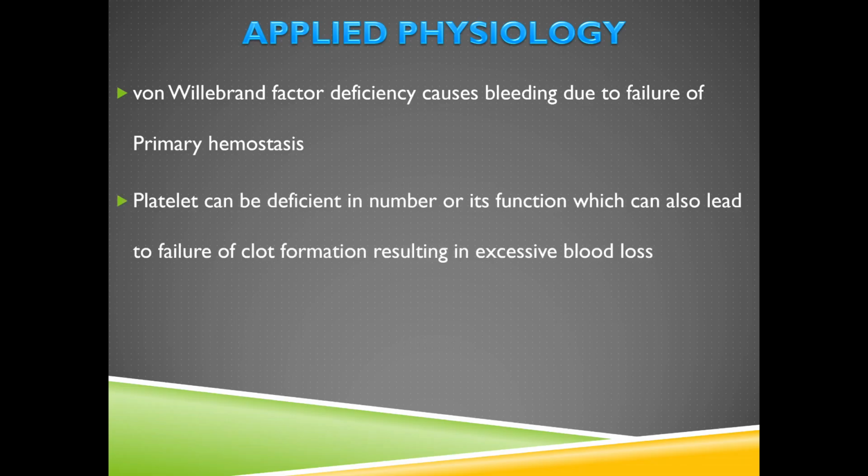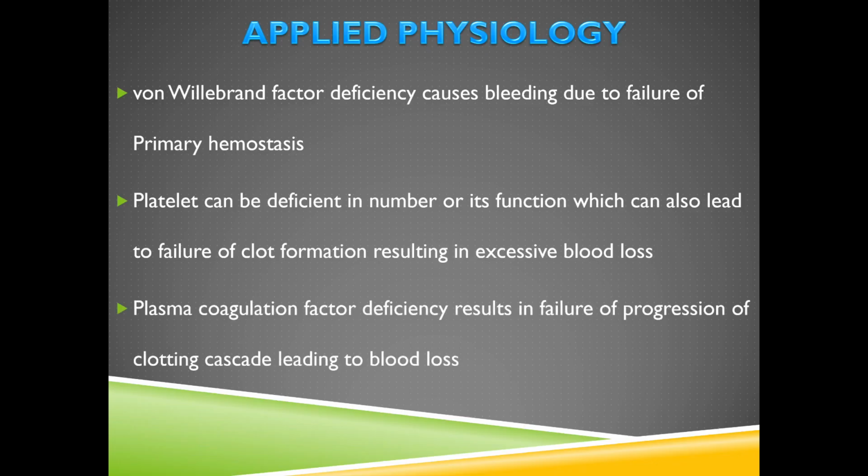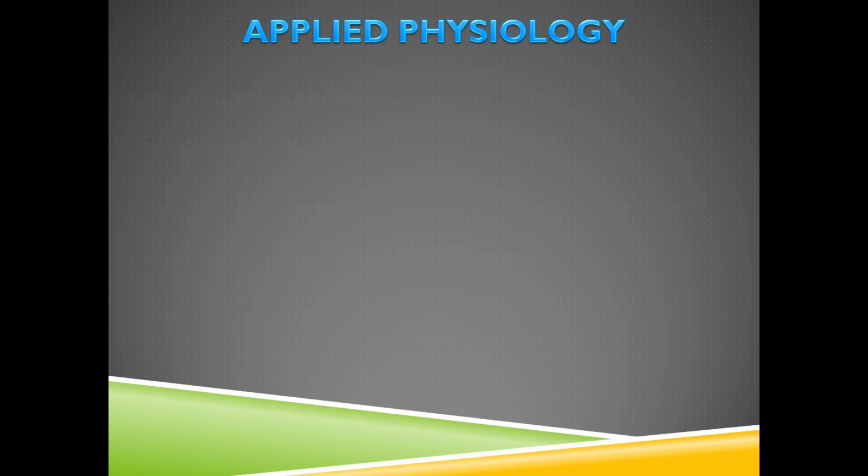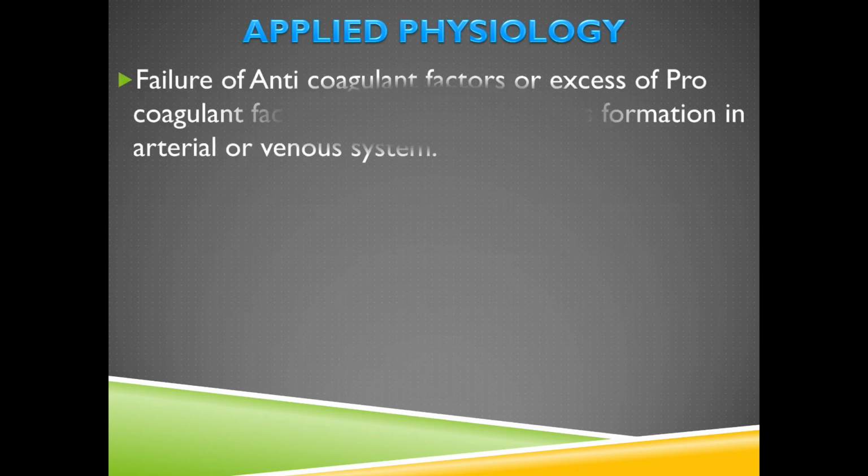So the first factor is von Willebrand deficiency, the second is platelet insufficiency or inefficiency, and the third is plasma coagulation factor deficiency, resulting in failure of the cascade of changes that have to take place, leading to blood loss. So these are the three major things that we have to remember.